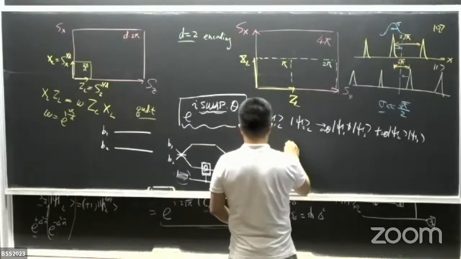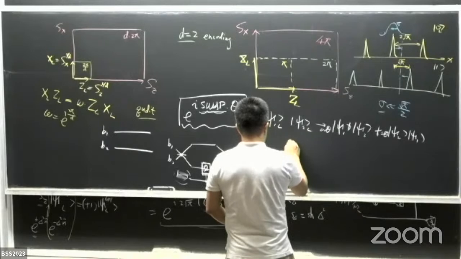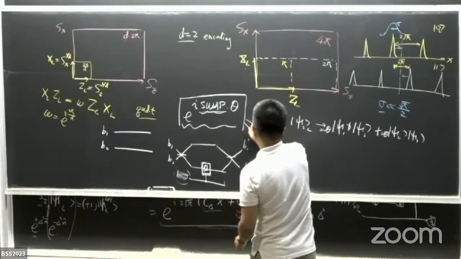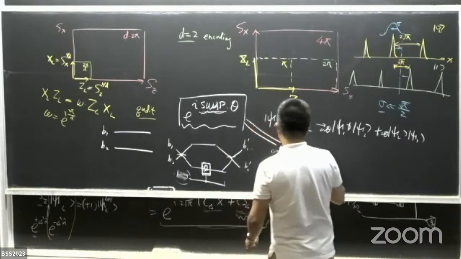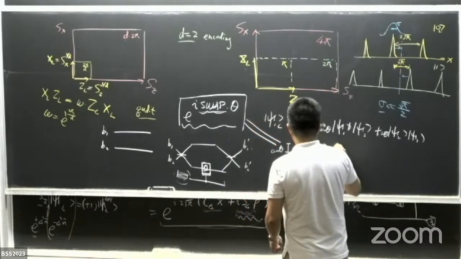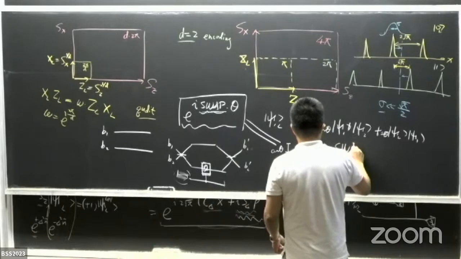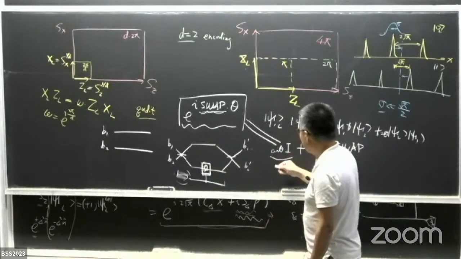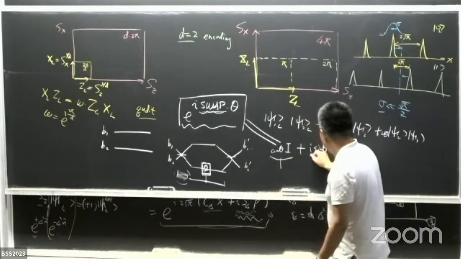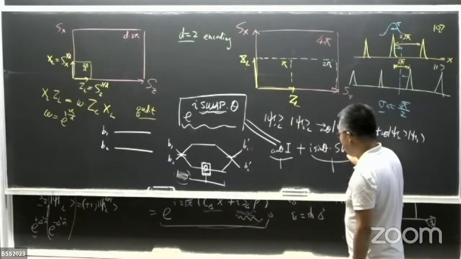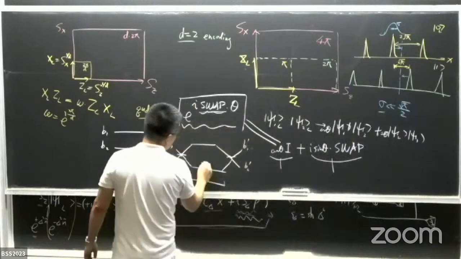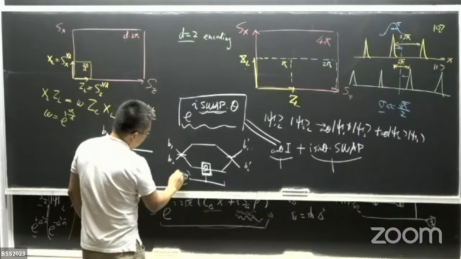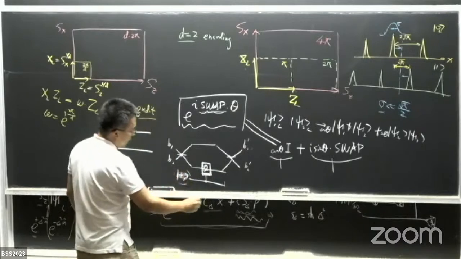So I know the exponential swap is cosine theta identity plus i sine theta swap. So I want to design the circuit that implements cosine identity and implements i swap based on this controlled phase angle theta. And that can be achieved by putting some ancilla states here.